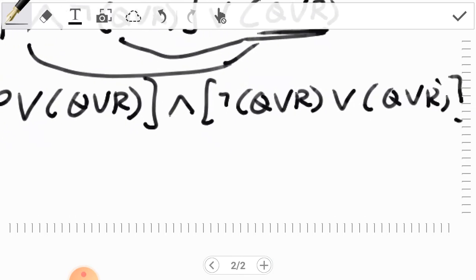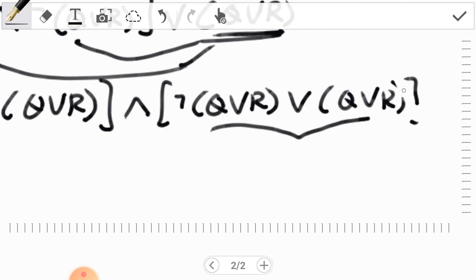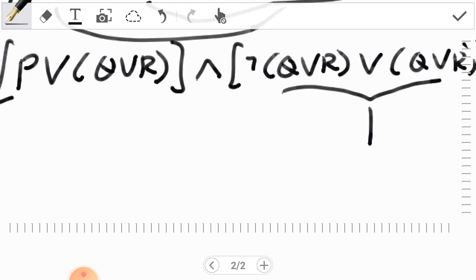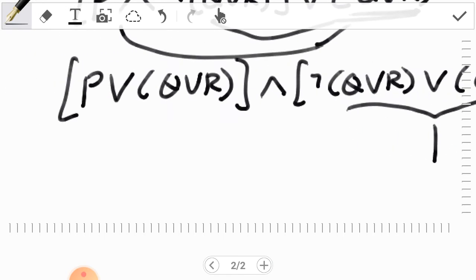Distributive law. And then after using distributive law, you will find that we can apply here our identity. And what's the identity rule that can be applied here? We have P or not P is equivalent to the identity element or the truth value 1. P or not P, using the identity rule, this will give us the truth value 1.